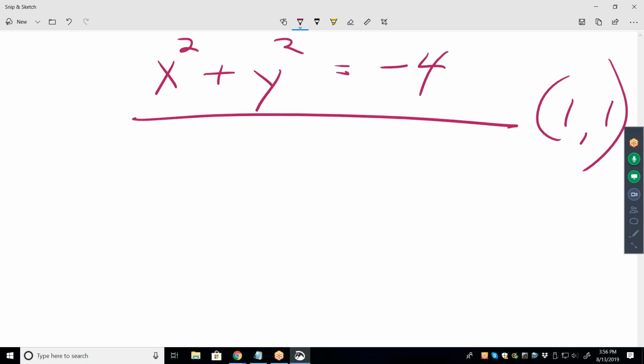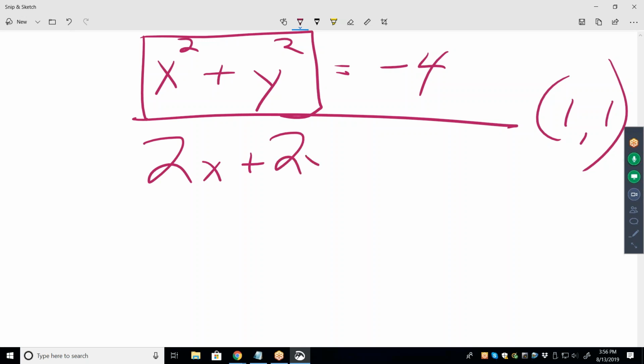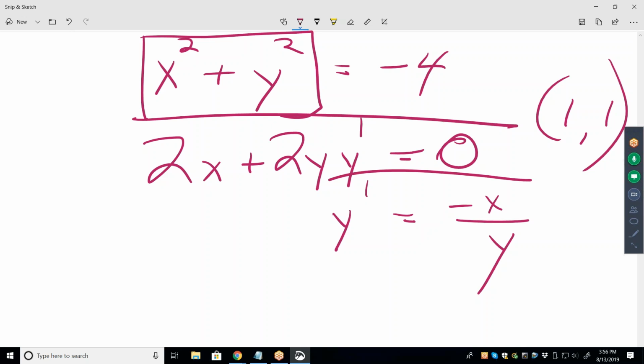You can't have this is the equation of a circle, but the radius always has to be positive. You can't have an r that is a negative number. So if you were to do this just blindly using implicit differentiation, you would come up with this. You solve for y prime and you'd get that.